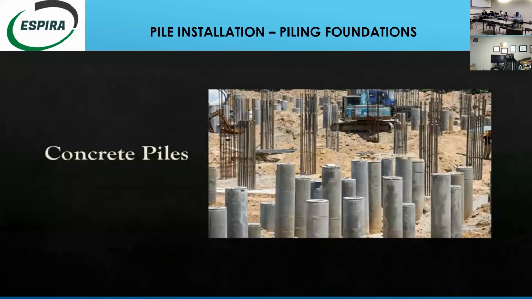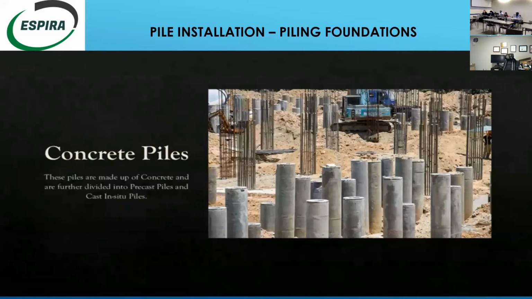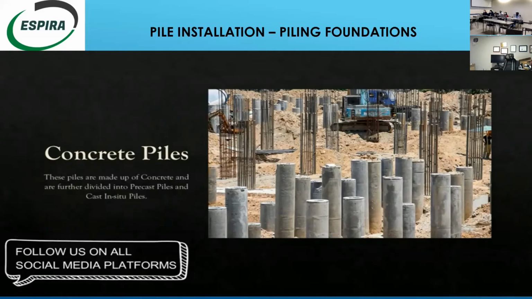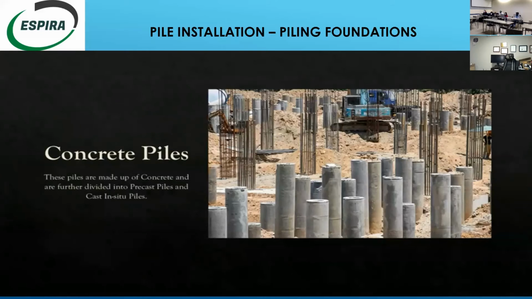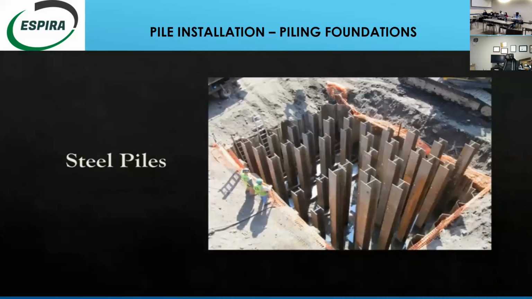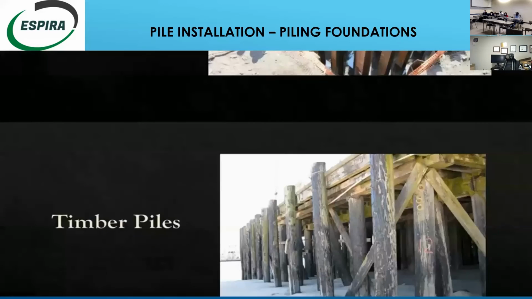Concrete piles. These piles are made up of concrete and are further divided into precast piles and cast in situ piles. Steel piles. These piles are made up of steel with different sections like H. Timber piles.